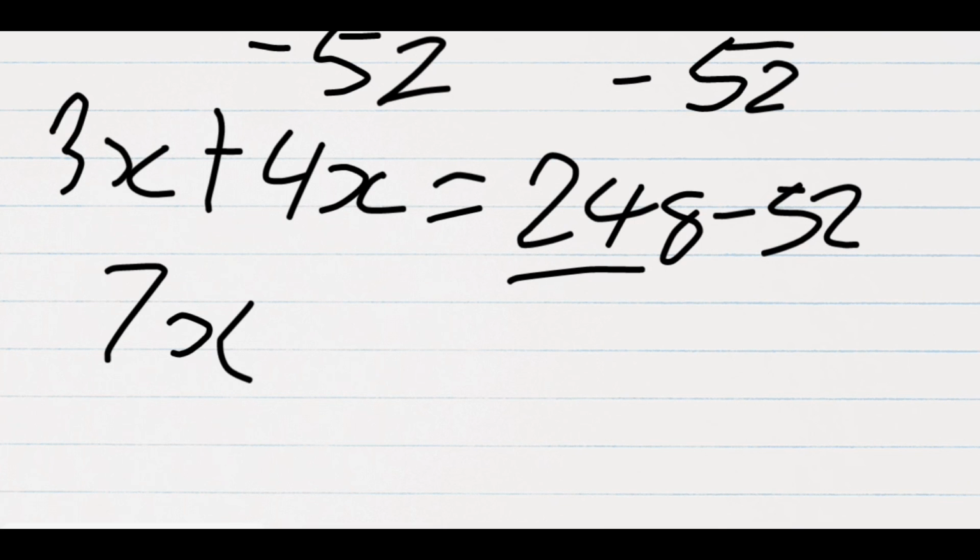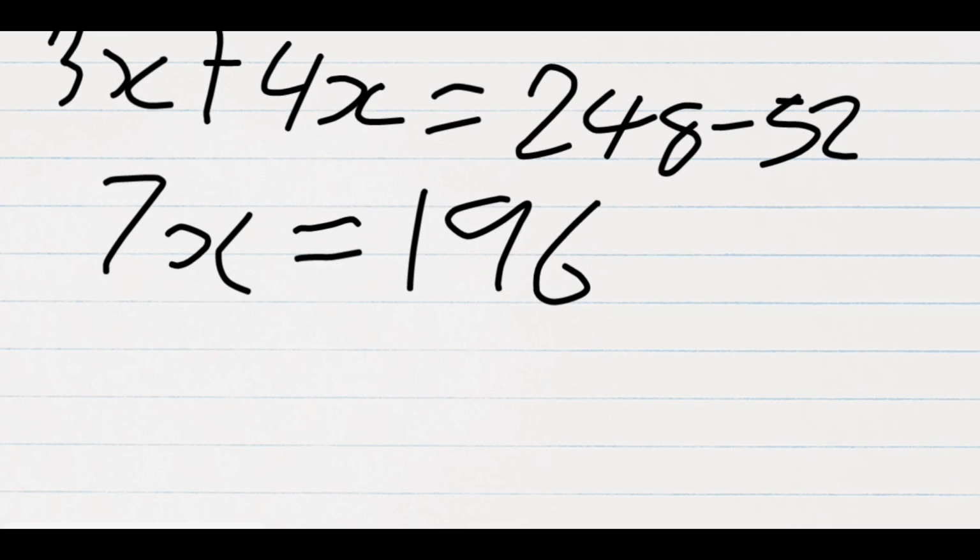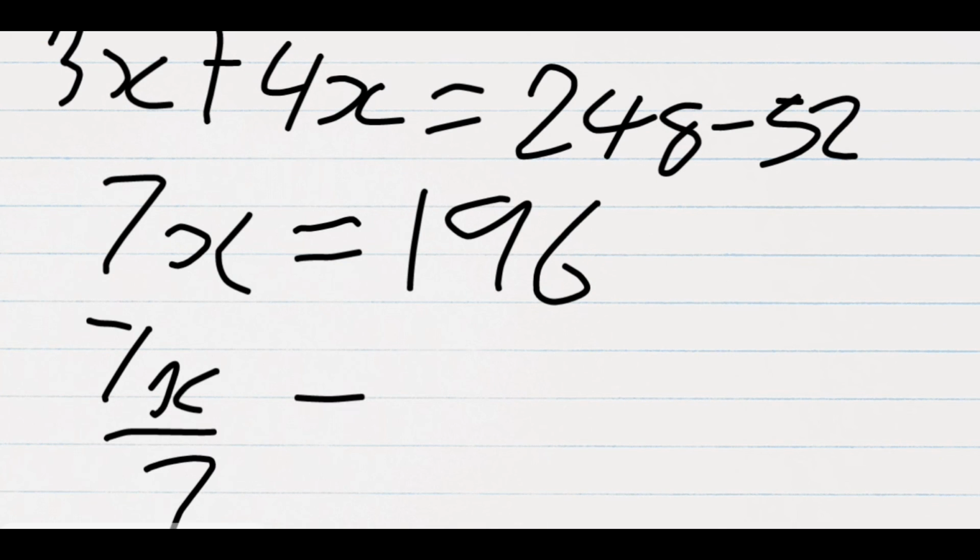So next we're going to divide both sides by 7. 7x divided by 7 is equal to 196 divided by 7. This is going to cancel out this. So x is equal to 196 divided by 7.